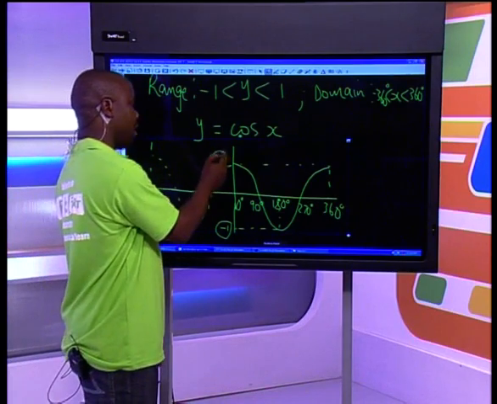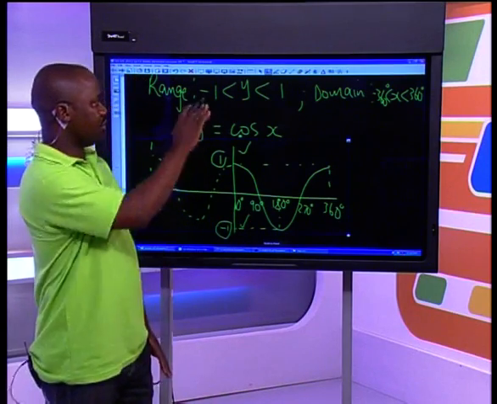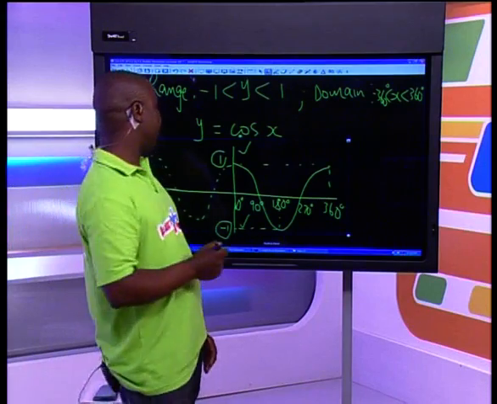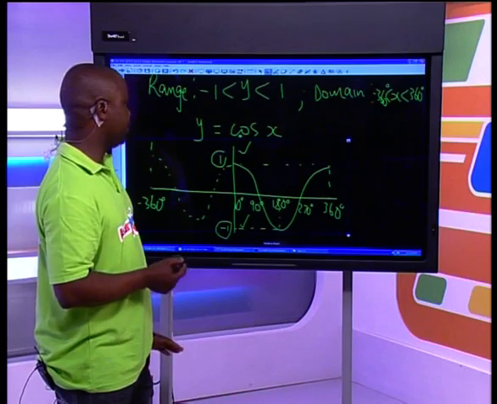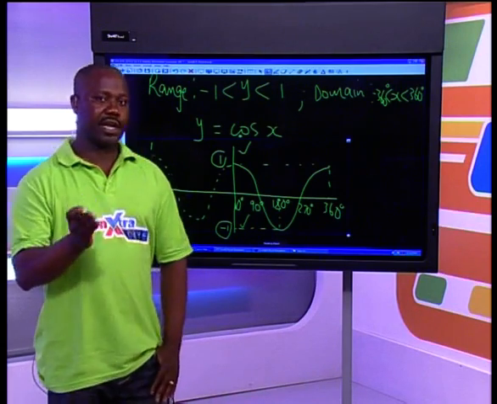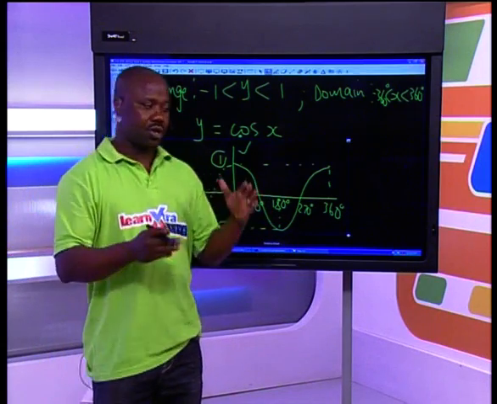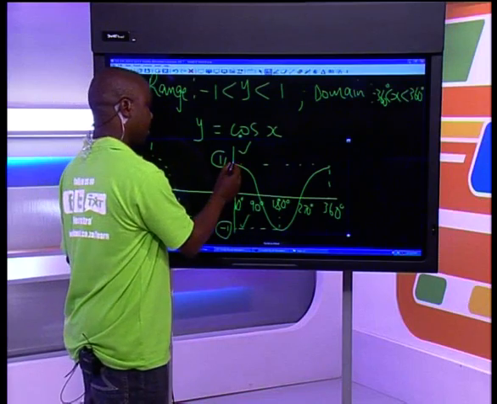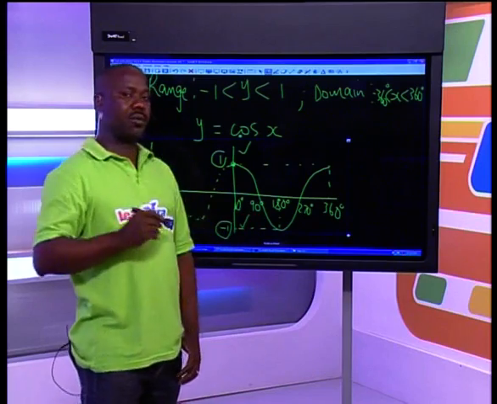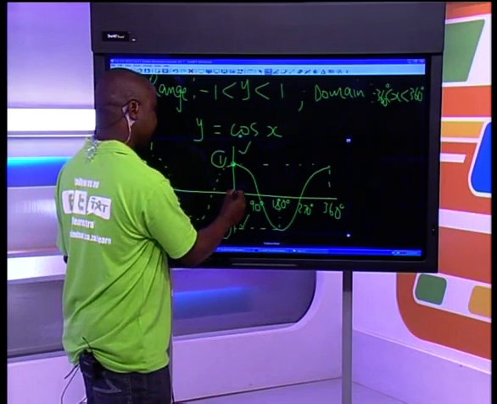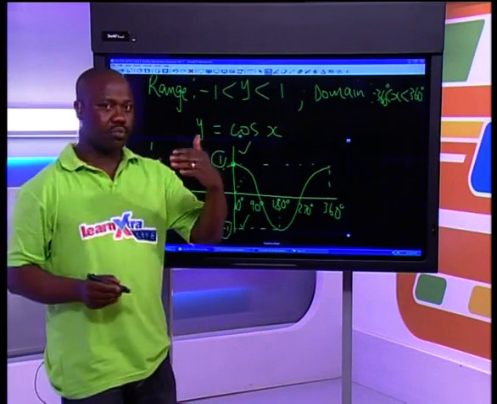The maximum is 1 over there, and minus 1. If you do it the same way you did with the sine graph, you end up with the same amplitude of 1. And the range and the domain are exactly the same for the sine and the cosine. So what's the difference between the two? The one starts off at 0 decreasing, whereas the other one increases starting from 0. Okay, I'm talking about the slope.